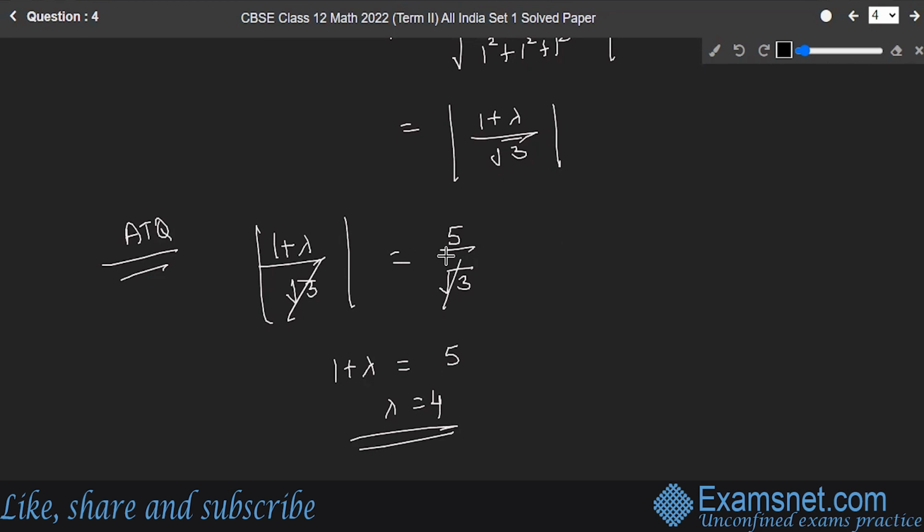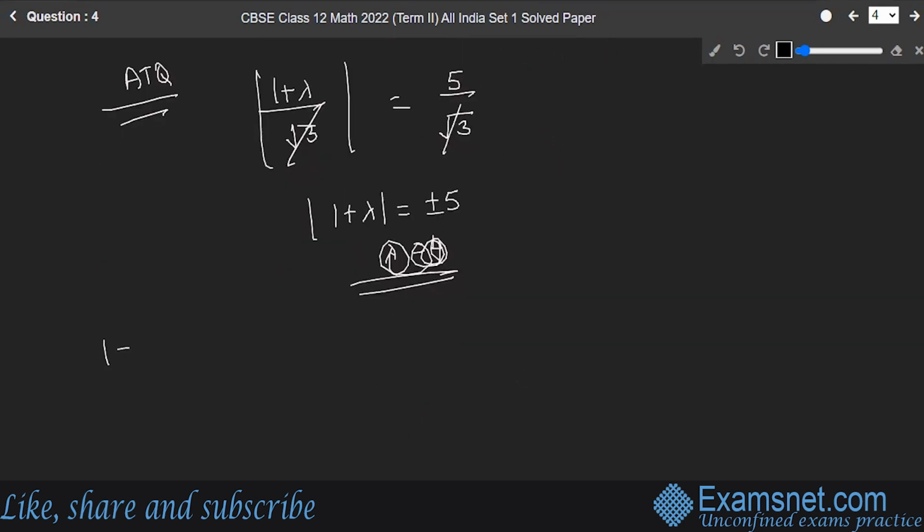See, one thing: when you remove this modulus sign, this can be plus minus 5. So if you are taking the value as plus 5, 1 plus lambda equal to 5, here the lambda will be equal to 4. And if you are taking the value as minus 5, here the lambda will be equal to minus 6.